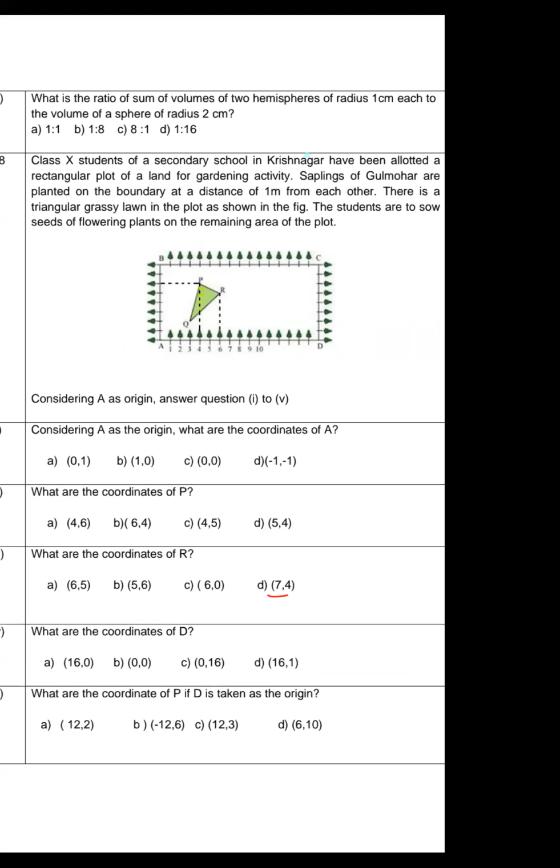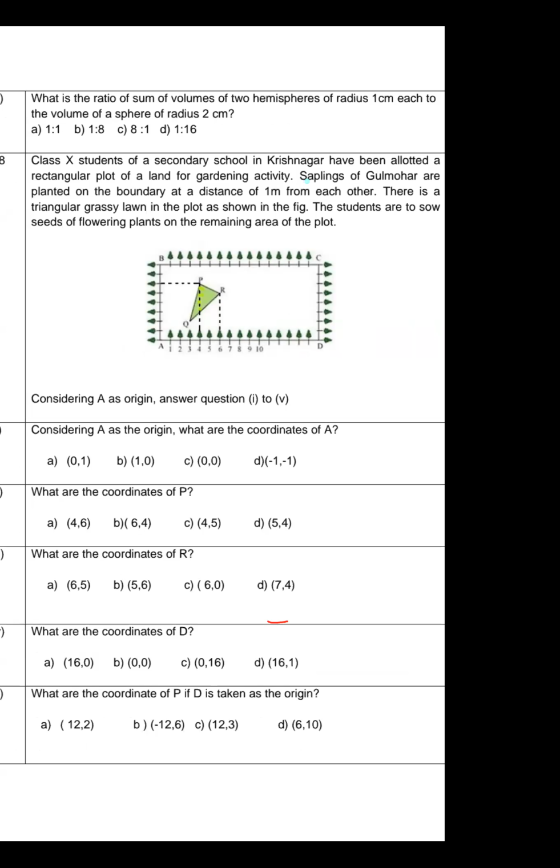Now, in the question, they have mentioned consider A as the origin. That means what are the coordinates of A? Since A is the origin, the coordinates are 0,0. Option C. Very simple question.